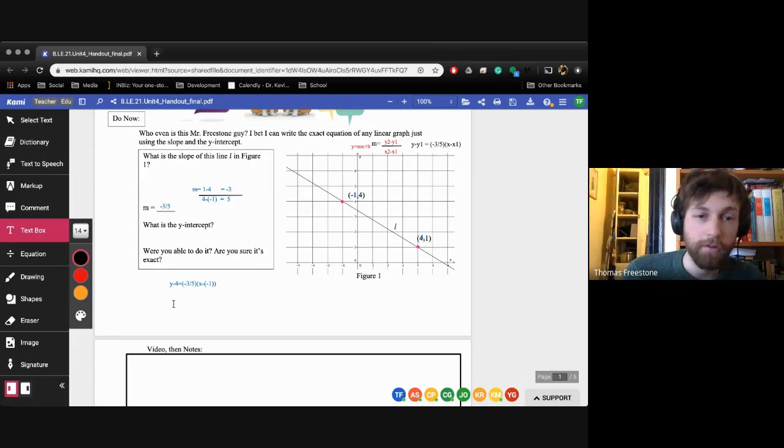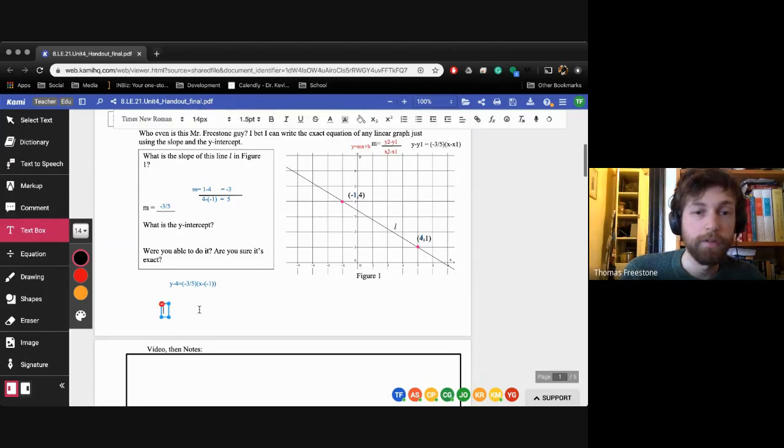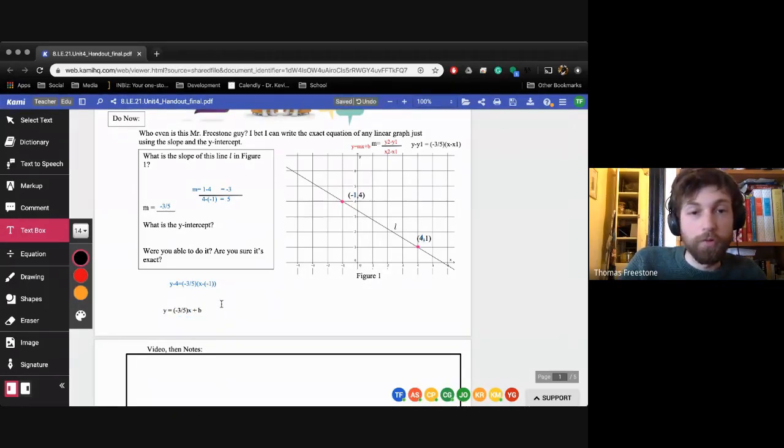If I write out, we need this equation right here. Y equals m, which is -3/5, times x plus b. So we want to rewrite our equation to look like this: y equals -3/5 x plus b.